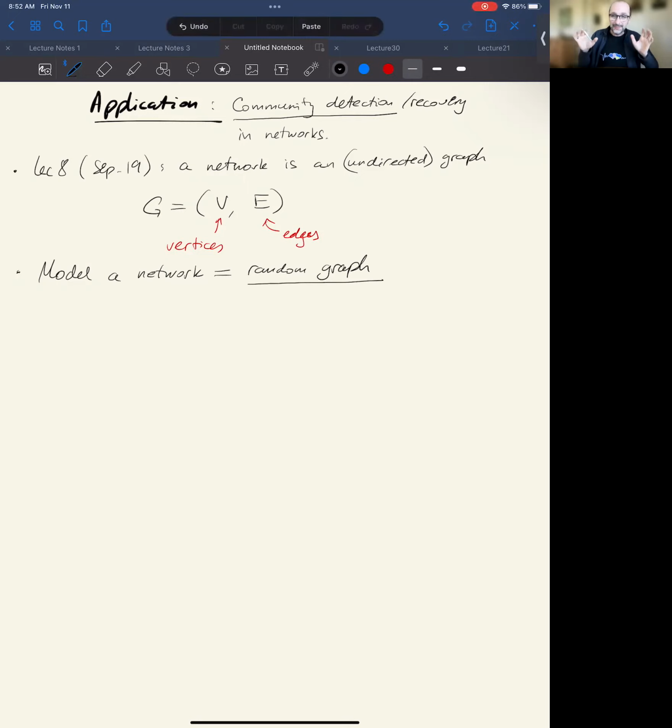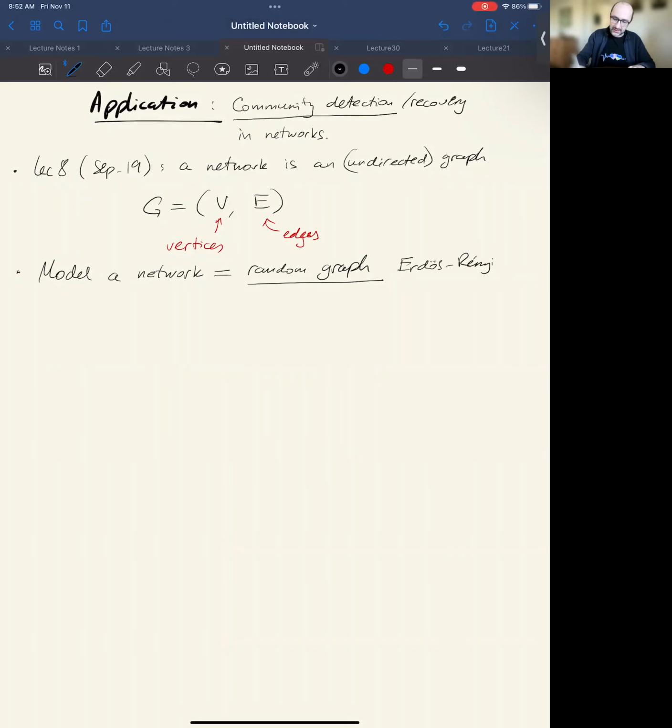The very, very simple, the ground level, the babyest version ever is a random graph that's called Erdős-Rényi. This is the simplest model of any network.